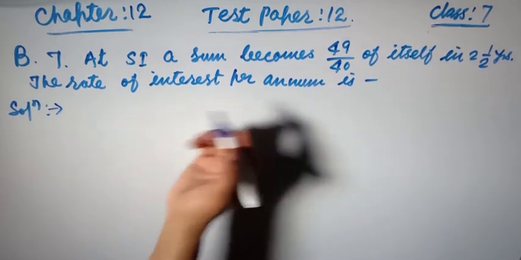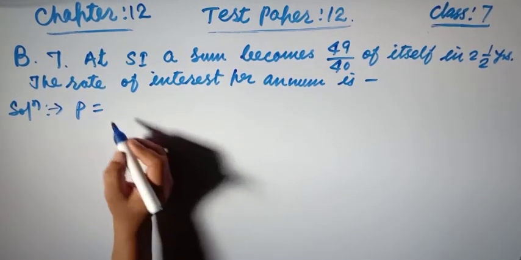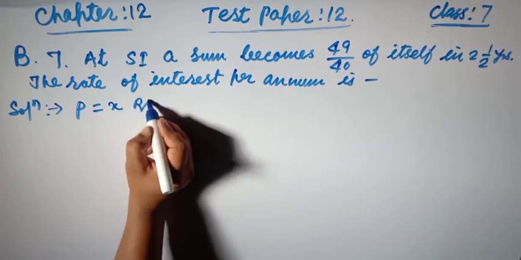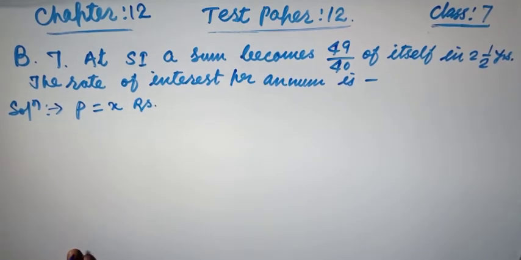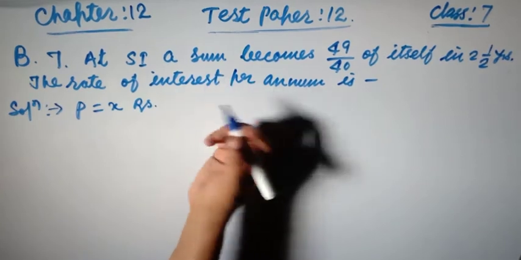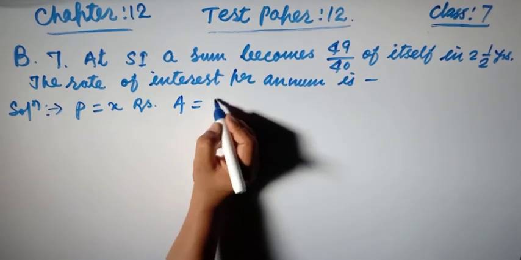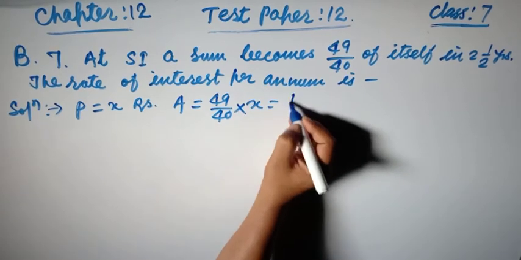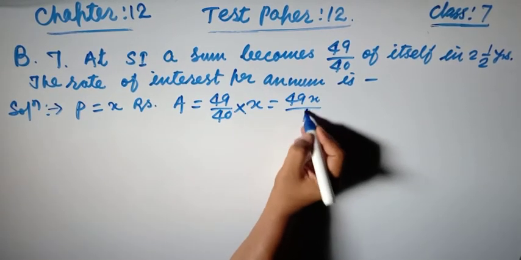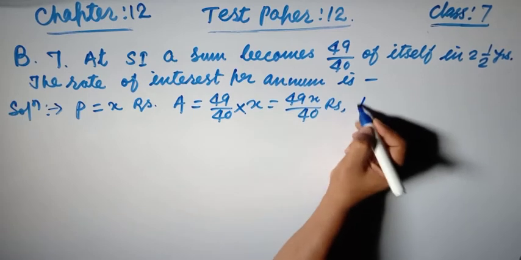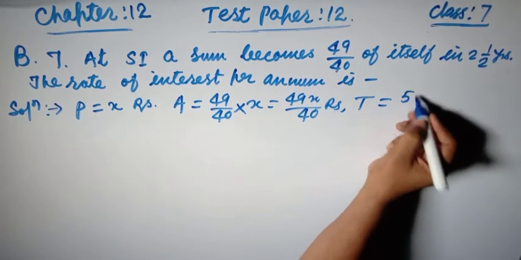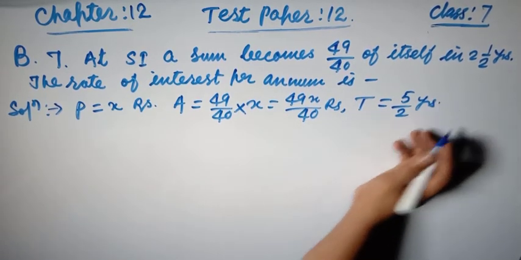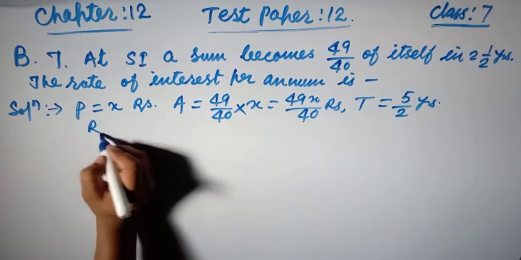Now see, first let the principal P, suppose X, be equal to X rupees. Now the sum becomes, the amount A is equal to 49 by 40 of X. That means 49X by 40 rupees. Now the time is given friends, 2.5 means 5 by 2 years. And rate of interest R is equal to what?